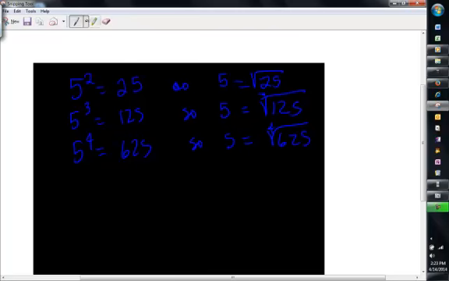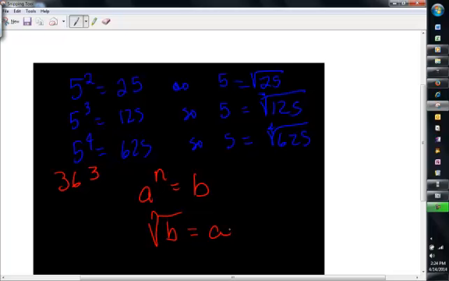By definition then, in our book, on the middle of page 363, it says, for any positive number, if a to the nth equals b, then the nth root of b is a. These two are inverse functions of each other.